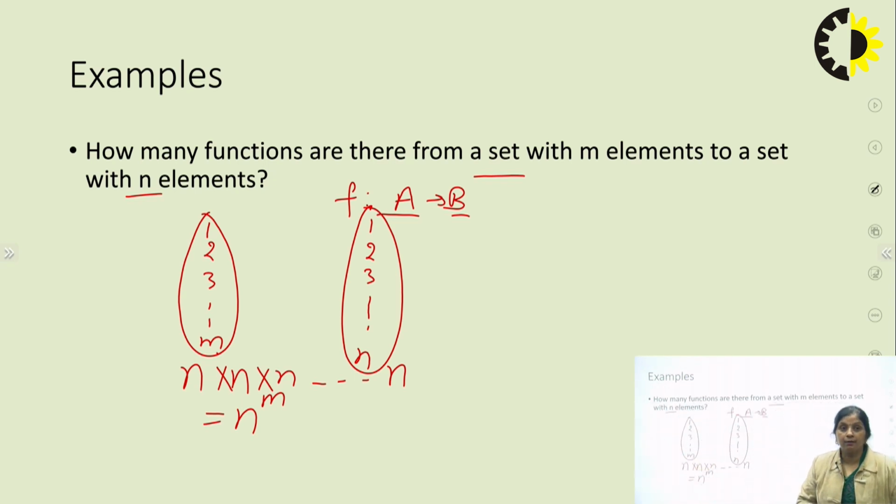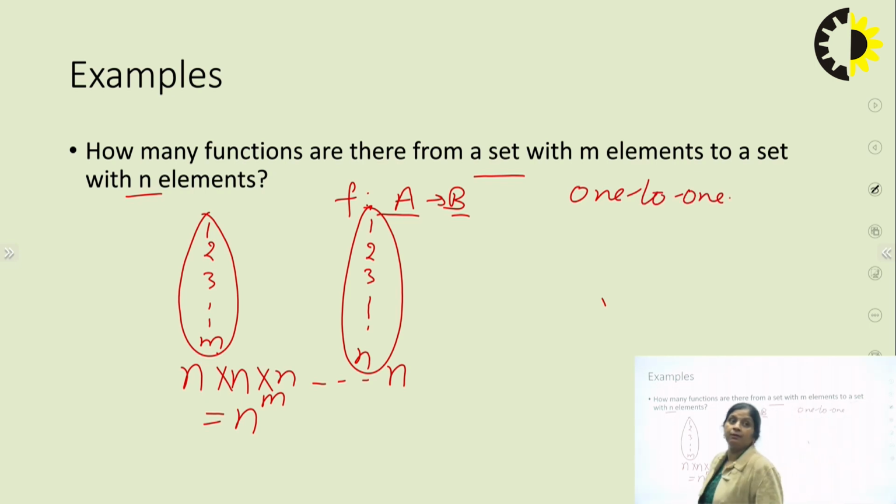So we have n to the power m functions from a set with m elements to a set with n elements. What if we want one-to-one functions? The first point is that we cannot have a one-to-one function if n is less than m, because one-to-one means 1 should have a different image, 2 should have a different image, and so on.